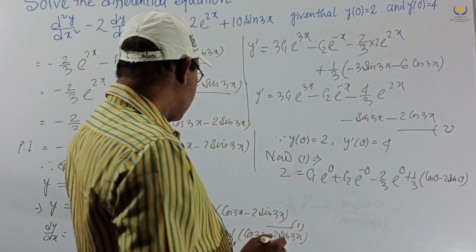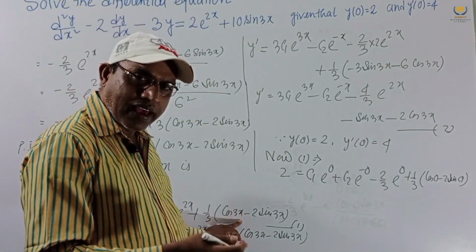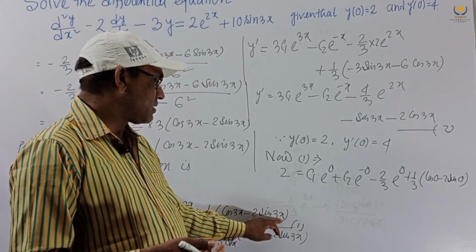We get this. Directly I have written, x is 0, 3 into 0 is 0.